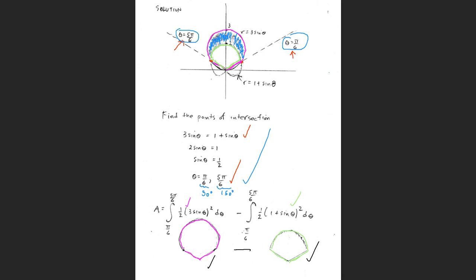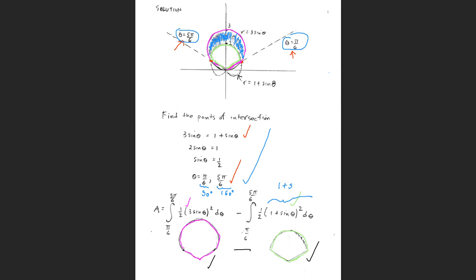So let's think about what we have to do. We have two integrals that we need to work out. It goes without saying that we're going to need to FOIL this.